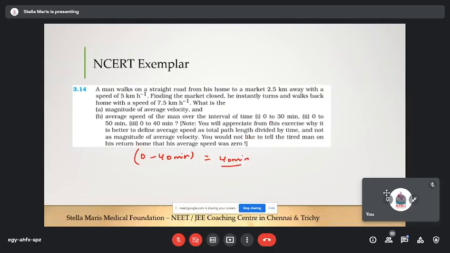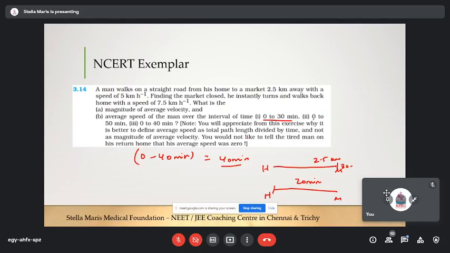You very well know that 0 to 30, from home to market, is 2.5 kilometer per hour. At the end of 30 minutes, it was at this point. In the next 10 minutes, what happens? From market to home, it takes 20 minutes, that we have seen.